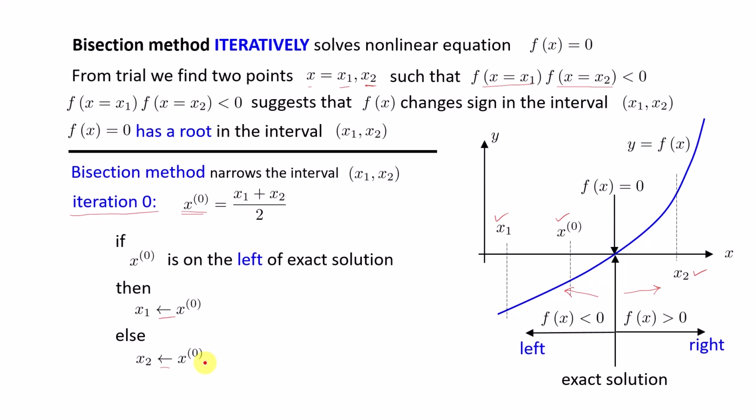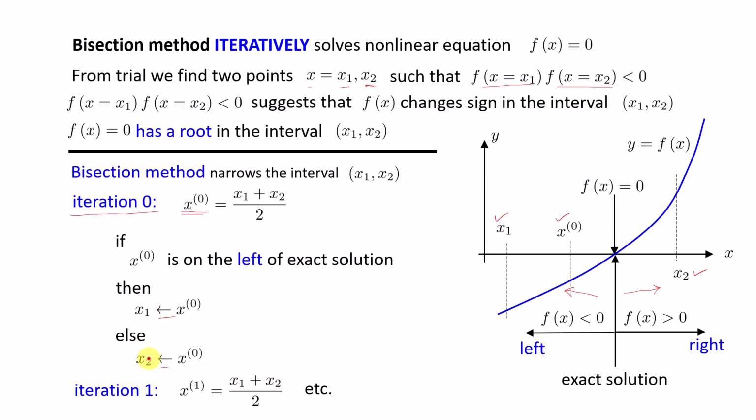Now of course we are ready to go to iteration 1, and iteration 1 once again will take this x1 plus x2 by 2. But you can see that now my interval is shorter than what it was before, although they look similar. x0 is x1 plus x2 by 2, x1 is x1 plus x2 by 2. However, one of these has changed.